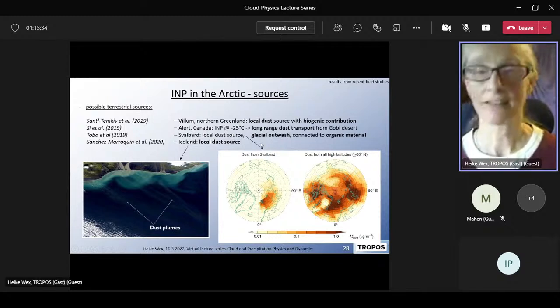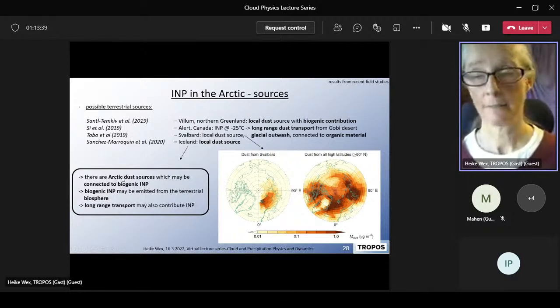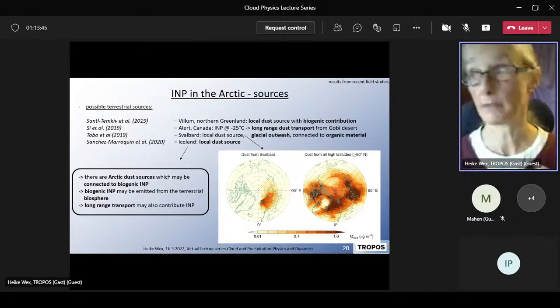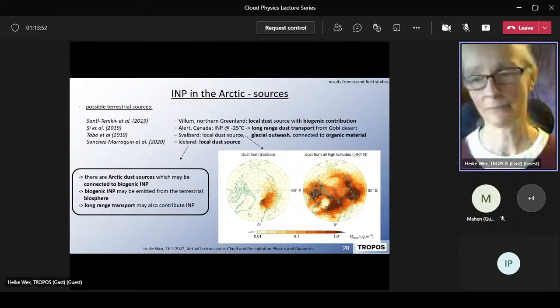And all in all, what these papers say is that there are Arctic dust sources that can contribute. They are often connected to biogenic INP, so there might be material attached to them, or maybe only the macromolecules washed off from other microorganisms, then going on to the dust. Can happen.